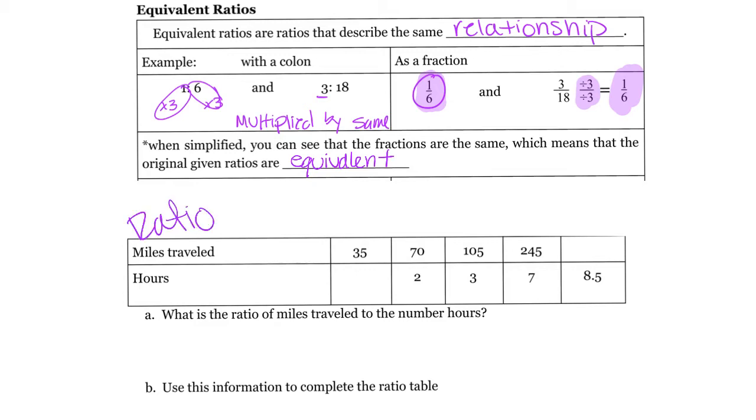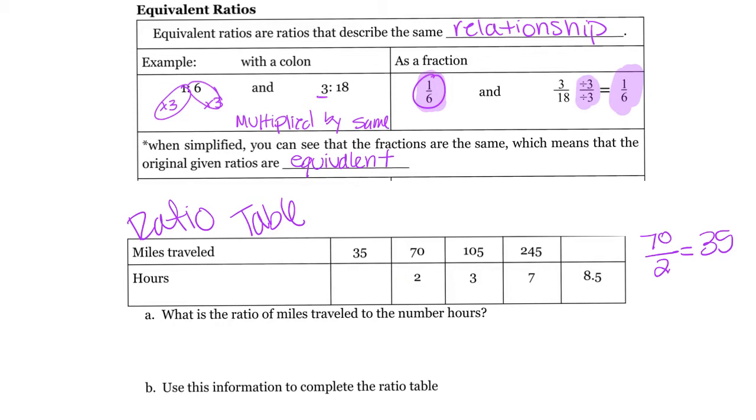And then here we have a ratio table, which is going to change by the same amount, so I'm going to look for a pattern. Okay, so I'm going to start with this first one because it's filled in for me. It doesn't have a blank spot. So I'm going to say, how do I go from 2 to 70 by multiplying or dividing? I don't know, so I'm going to take 70 divided by 2, which is 35.